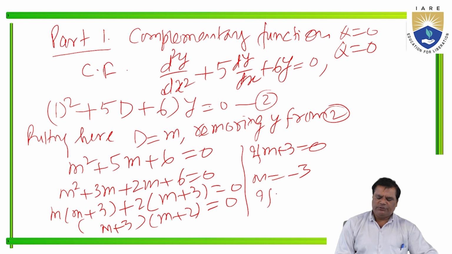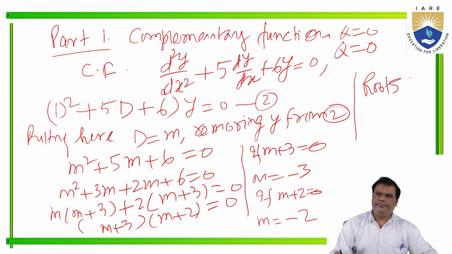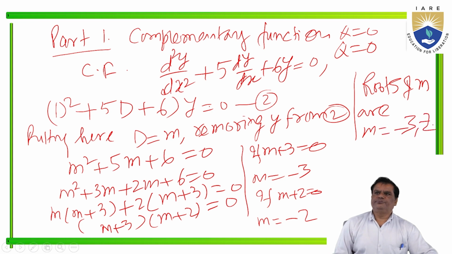If m plus 2 equals 0, then m equals minus 2. So the roots are m equal to minus 3, minus 2.